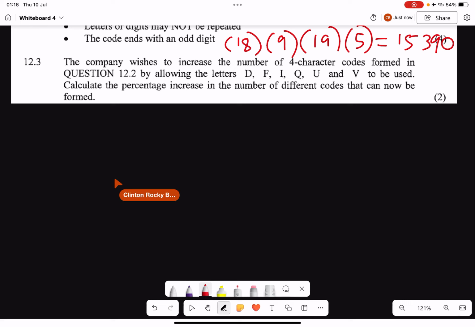So there is one condition that changed. My digits are still governed by the same condition. If I take all these things back, I have 26 letters in total.